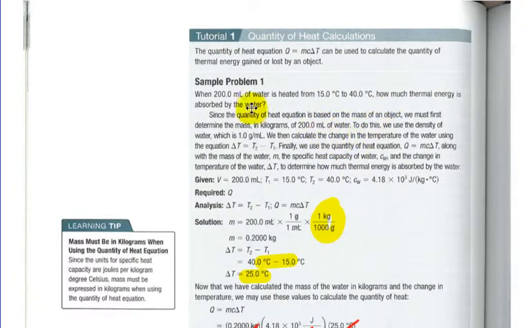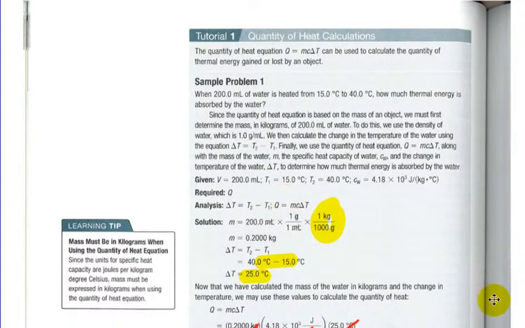So if you look at a question here: when 200 mL of water is heated from 15 degrees C to 40 degrees C, how much thermal energy is absorbed by the water? Since we're absorbing thermal energy and the temperature is going up, we'll get a positive delta T value and also a positive Q value. Water has a density of 1 gram per milliliter, so 200 mL is the same as 200 grams.